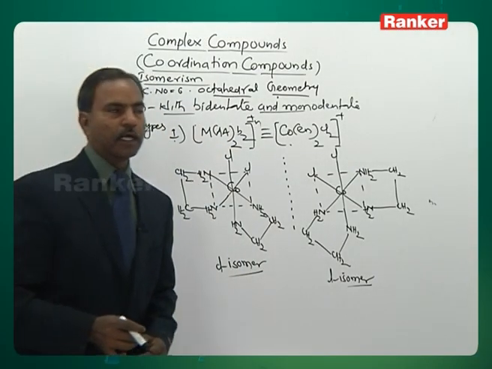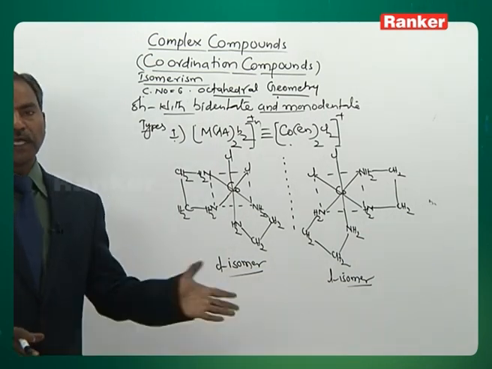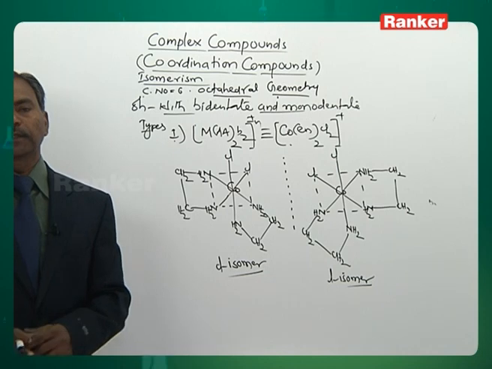So D isomer and L isomer, this cis isomer is optically active. I said trans is not optically active.